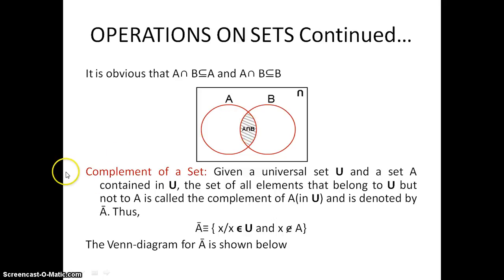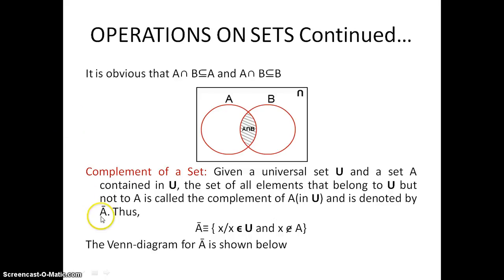Next, moving on to the next concept, complement of a set. Given a universal set U, this is how we denote the universal set, and a set A contained in U, the set of elements that belong to universal set U but not to A is called the complement of set A in U and is denoted by A complement, that is A to the power of C, or else A bar.